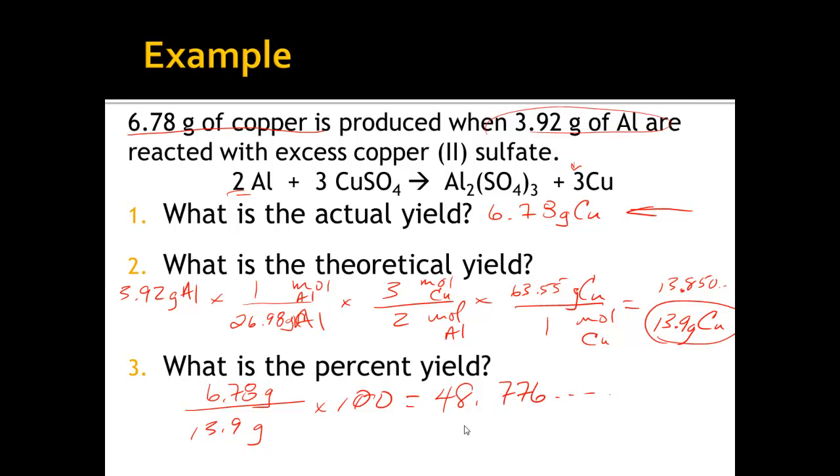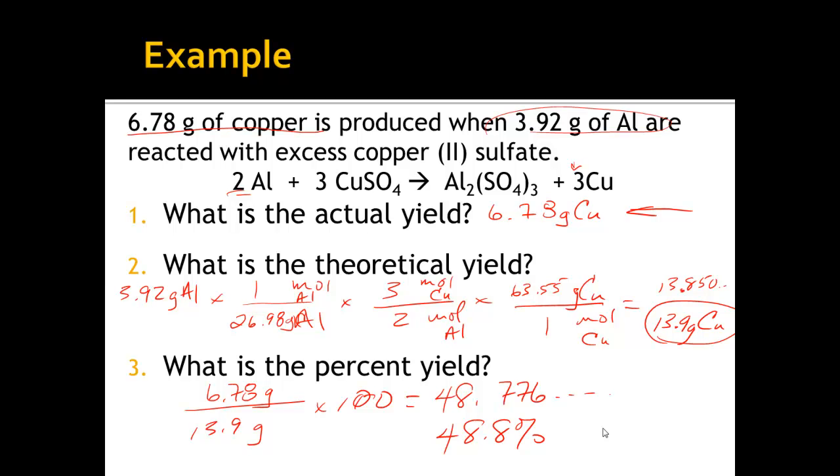If I take a look at my sig figs, I should need 3. So that would be 48.8% yield. Okay, so that would say that my reaction is about 48% efficient, or 49%, or, you know, I only get about half of what I planned for.